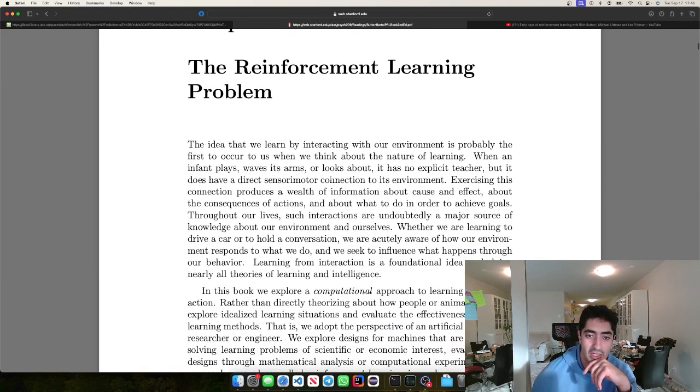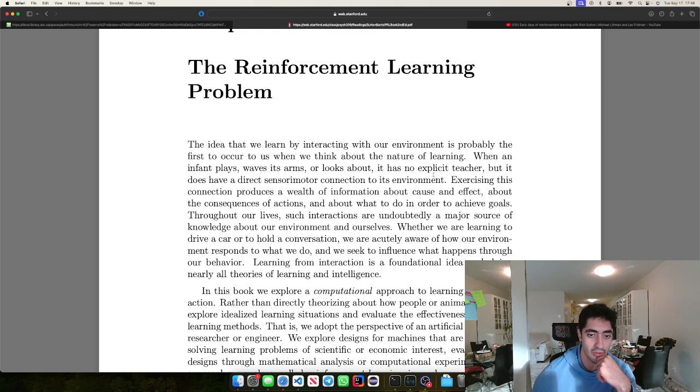The idea that we learn by interacting with our environment is probably the first to occur to us when we think about the nature of learning. When an infant plays, waves its arms, or looks about, it has no explicit teacher, but it does have a direct sensory-motor connection to its environment.